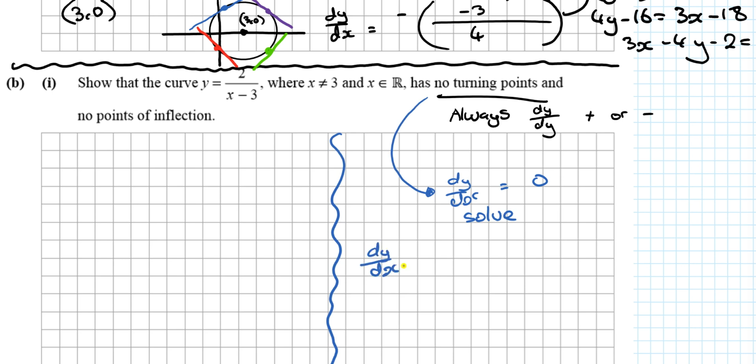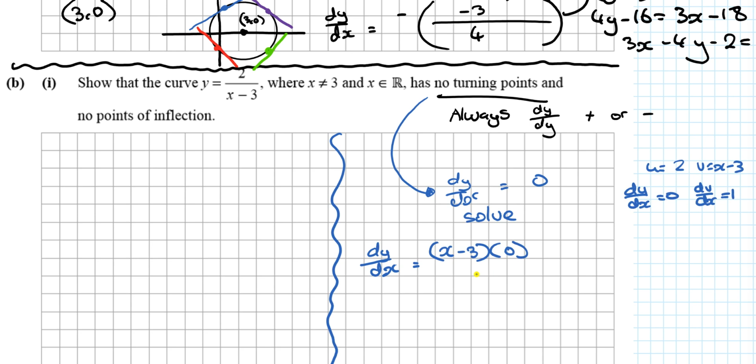dy/dx is equal to, so we're going to need to use the quotient rule, so u is equal to 2, v is equal to x minus 3, du/dx is equal to 0, dv/dx is equal to 1.